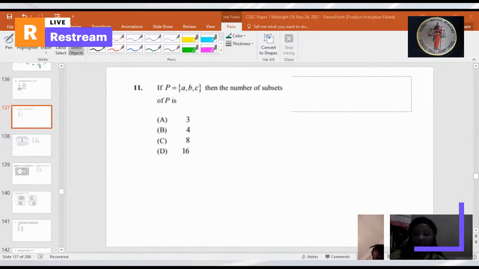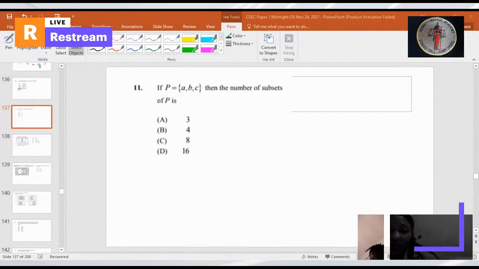The formula is n squared? No, that's not it. It's 2 to the power of n, where n is the number of elements in the set.